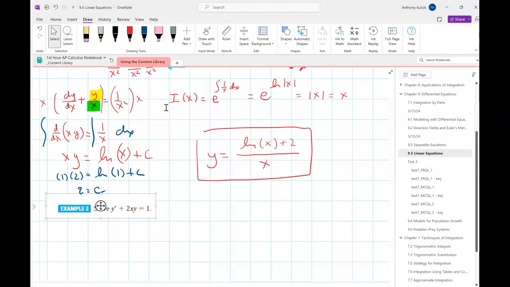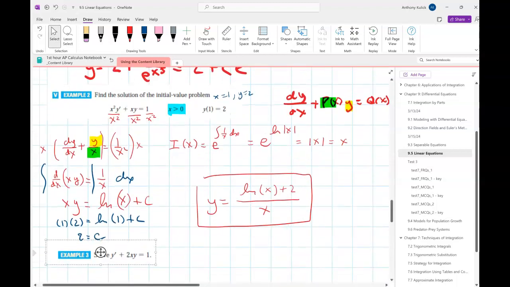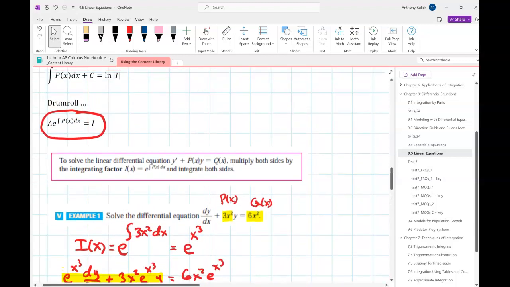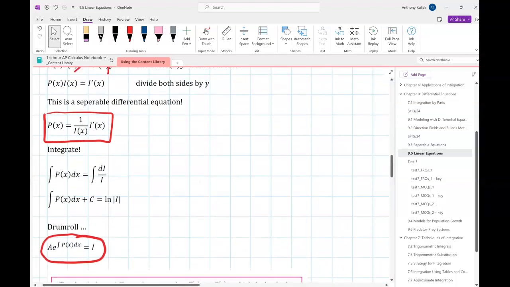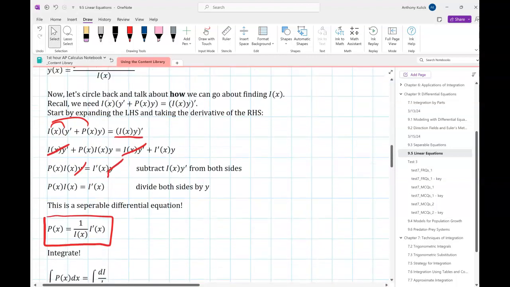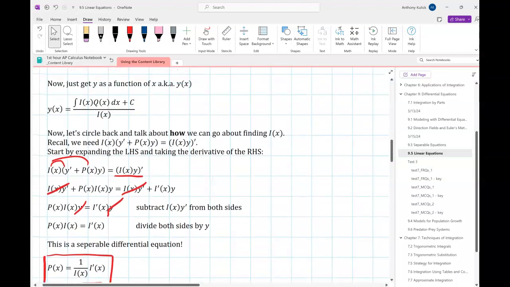Correct. But isn't p of x 1 over x? Oh, goodness gracious. No, I'm sorry. It's I of x times y, right? Yeah, I said that wrong. My apologies.